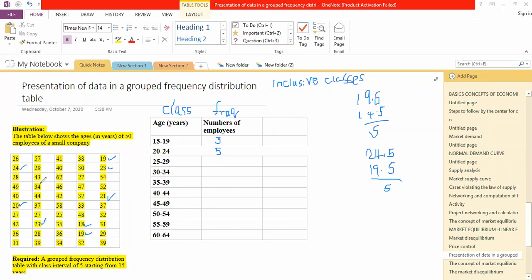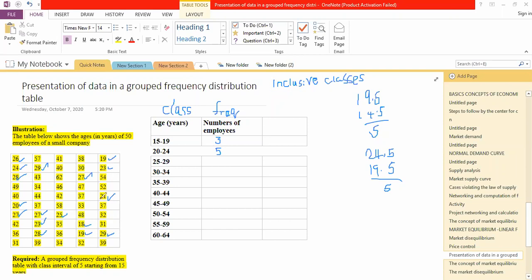25 to 29, we have the 26, 1, 2, 3, 4, 5, 6, 7, 8, 9.